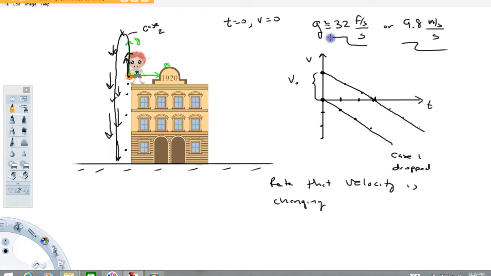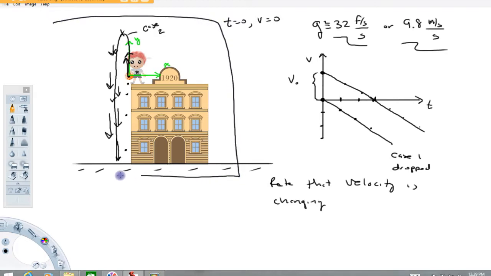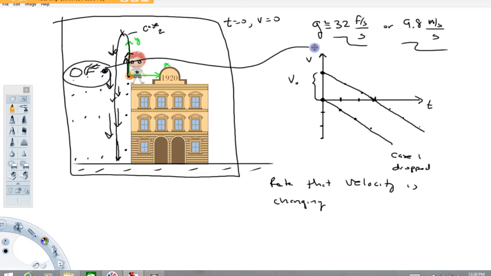If we were to somehow put this in a vacuum, remove all the air from it, and I were to drop a beach ball, maybe a feather, humor me, that's supposed to be a feather, and a rock, if they're all in vacuum here and air drag is not a factor, each one of these will accelerate down and hit the ground at pretty much exactly the same time. And the acceleration of each one of these would be about this value, 32 feet per second squared.